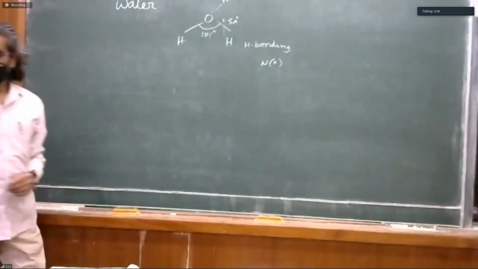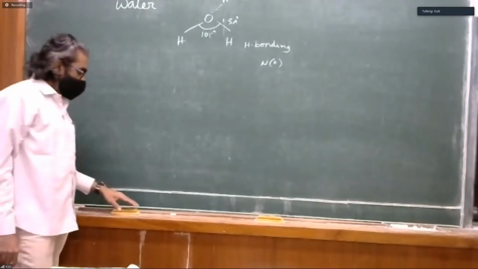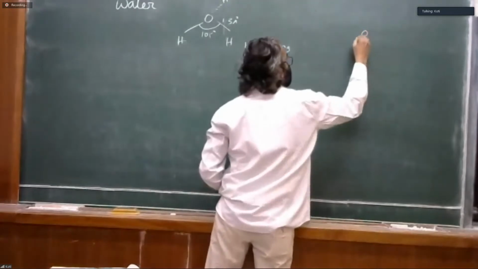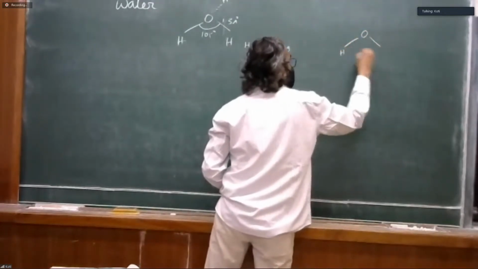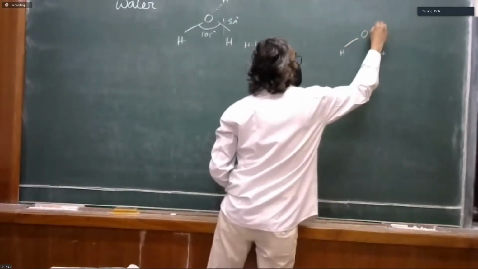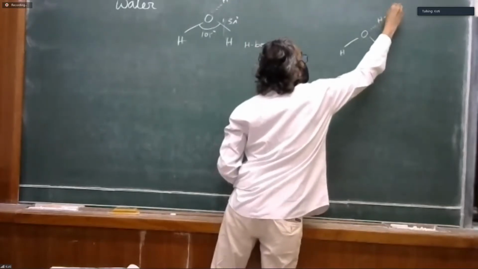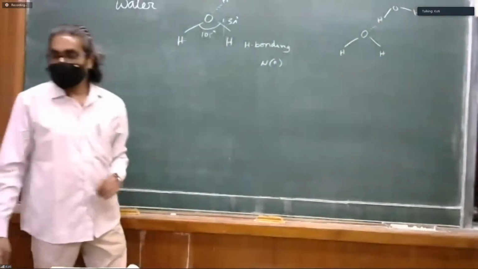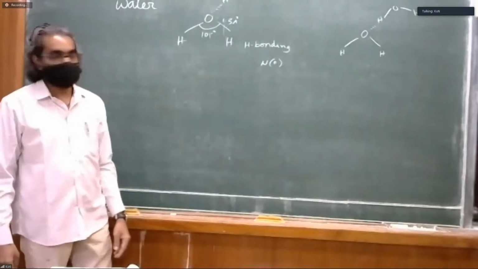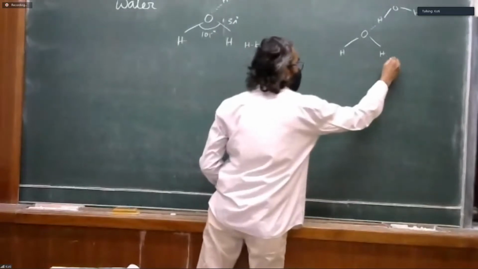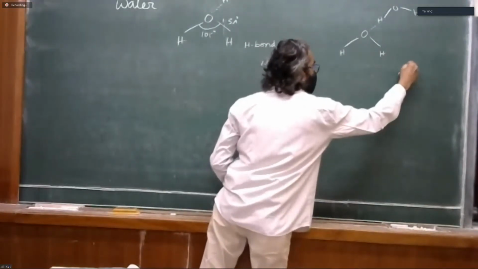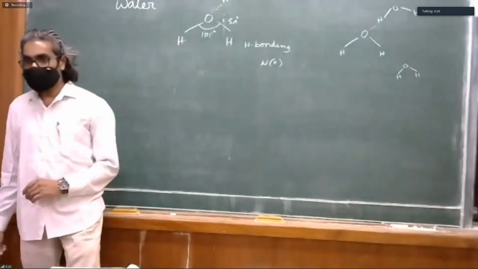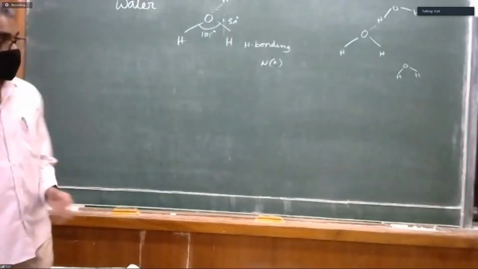Water by itself in solvent is hydrogen bonded to other water molecules, through its hydrogens and by accepting hydrogens from other water molecules at oxygen. This is a very important property which distinguishes water as a solvent from any other solvent.